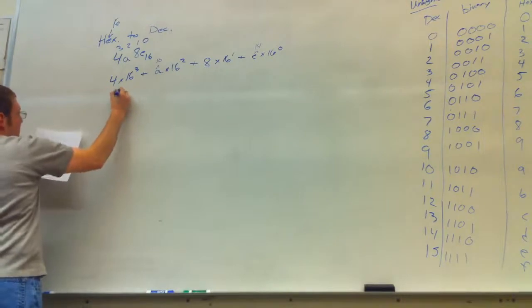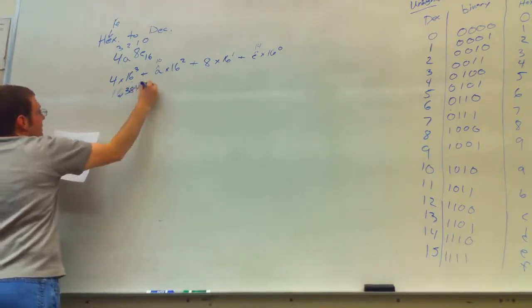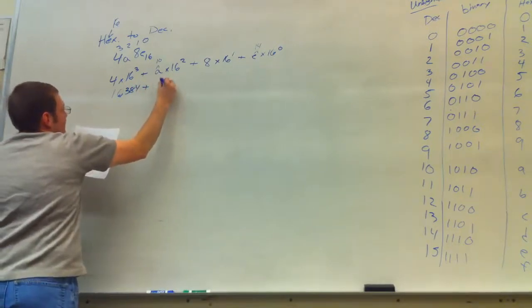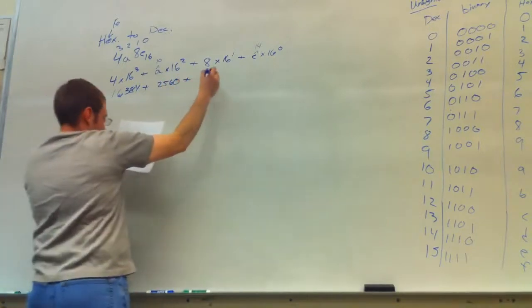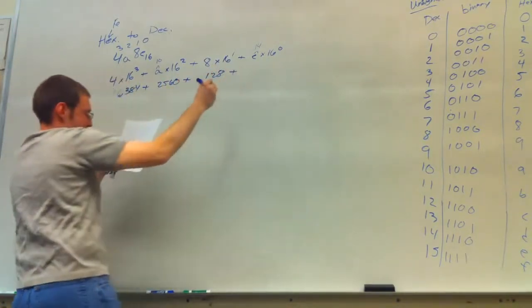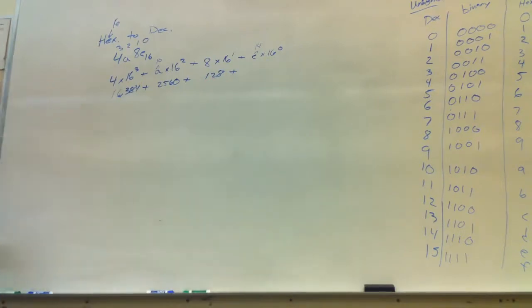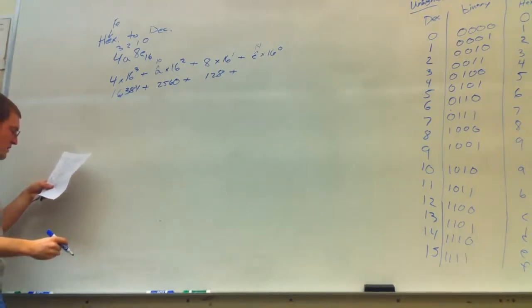I want to say this is 16,384 plus 25,600 plus 128. Wait, 25,600, you must do 0 then, right? Which one? 2,560 or is it 25,600?